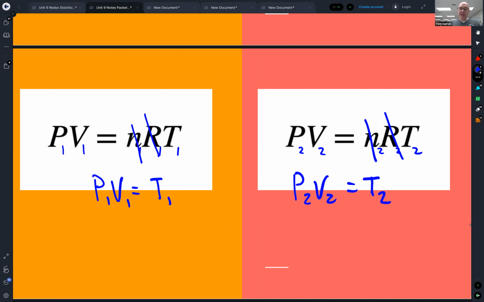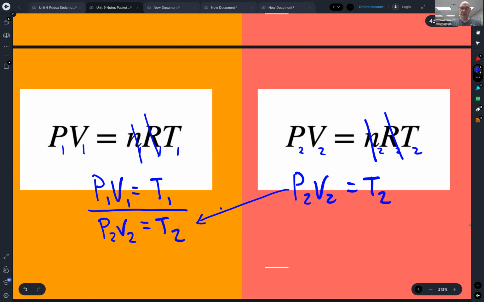Now I'm going to set up a comparison. So I want to set up a ratio. I'm simply going to bring over the P2 V2 equals the T2. All I'm doing is setting up a ratio. I'm comparing one set of conditions to another. We're just comparing.